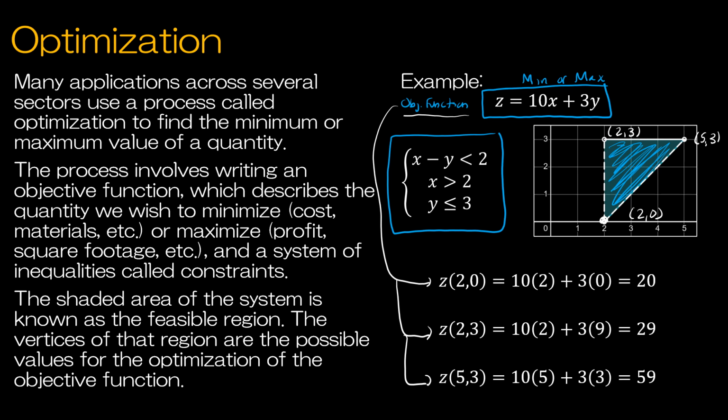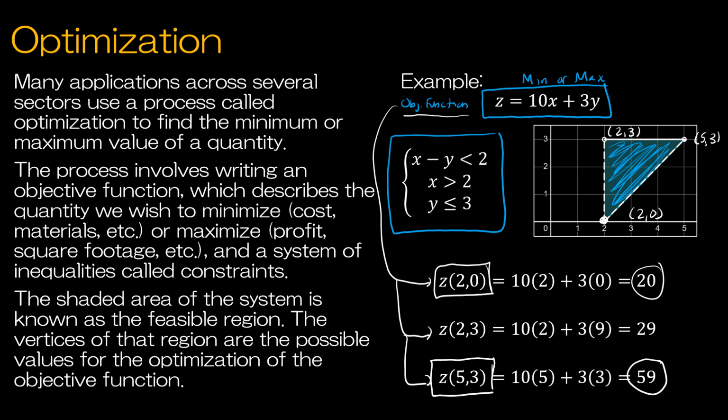And then depending on the context of the question, whether I'm trying to minimize or maximize, I would say the minimization would be at the point (2, 0), because 20 was the lowest value. 59 is the greatest value, so if I'm trying to maximize, I'm using the point (5, 3).